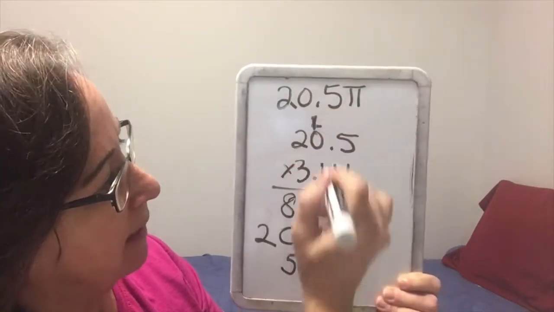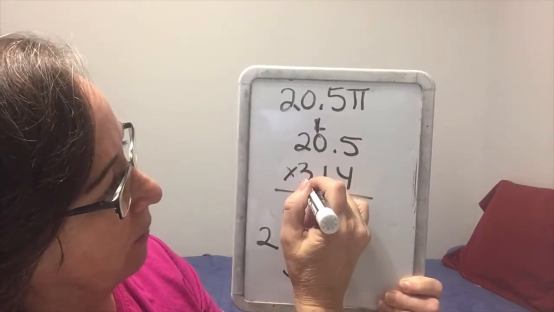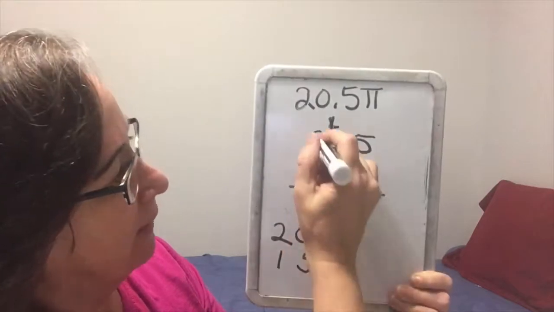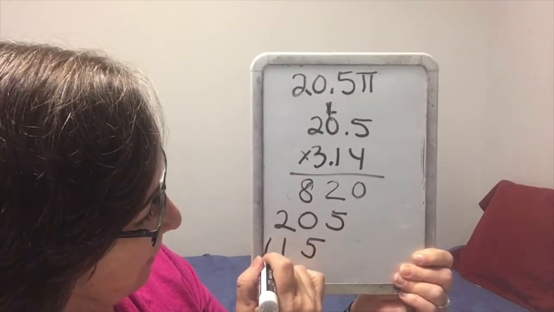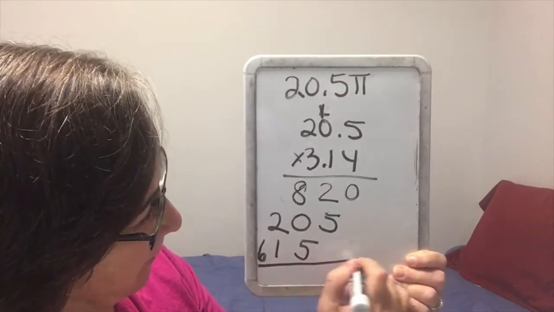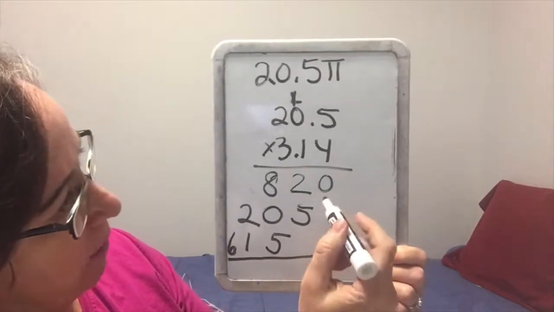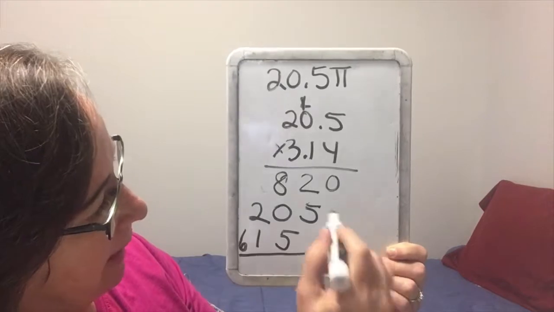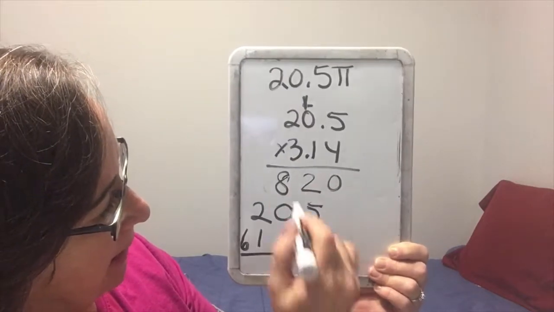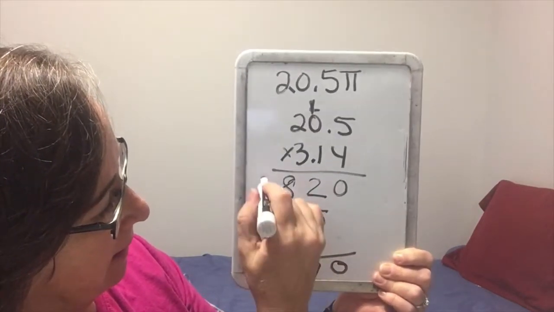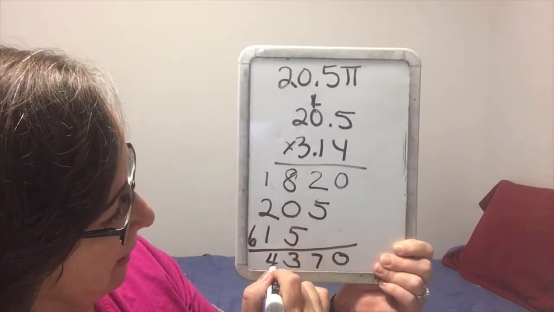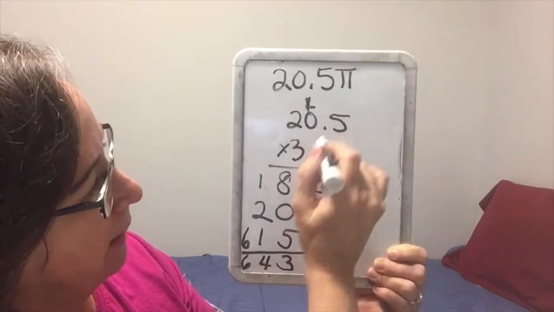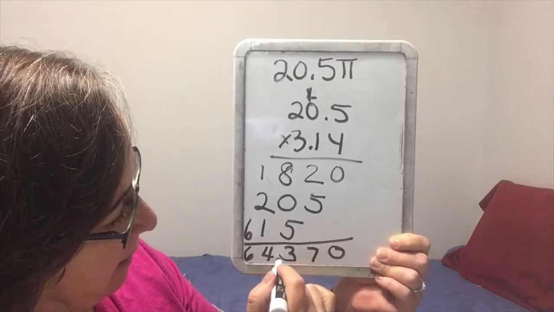Carry a 1 this time, and 0 plus 1, and then 6. Squeeze my 6 right there. Okay, so now I wind up with 0 and 7 and 13 and 4 and 6 with 1, 2, 3 decimal places.